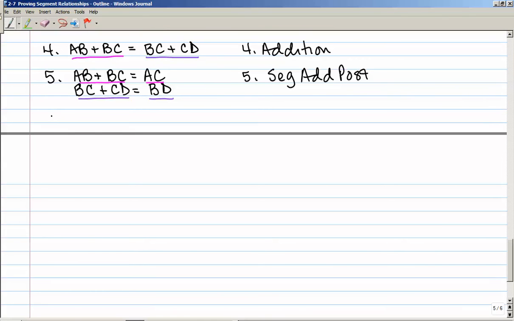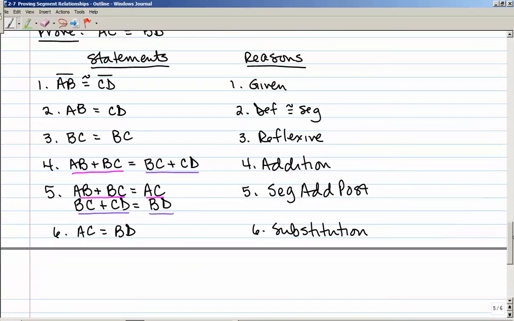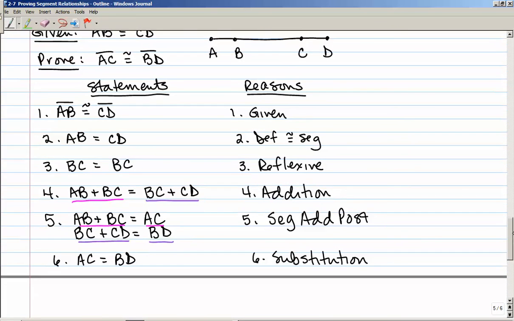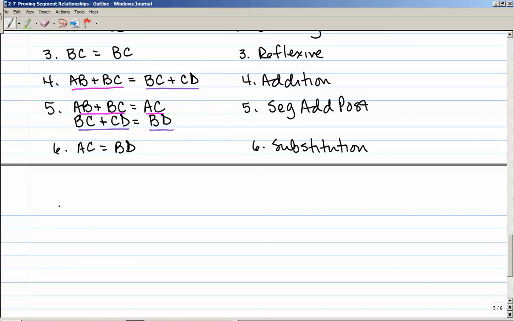So now I can say if pink is equal to purple, then AC is equal to BD by substitution. And let's take a peek at what we're trying to prove here. We are almost there. What we have to prove is AC is congruent to BD. So let's do a definition of congruent segments to make it look exactly like that. And that's how you do segment proofs.